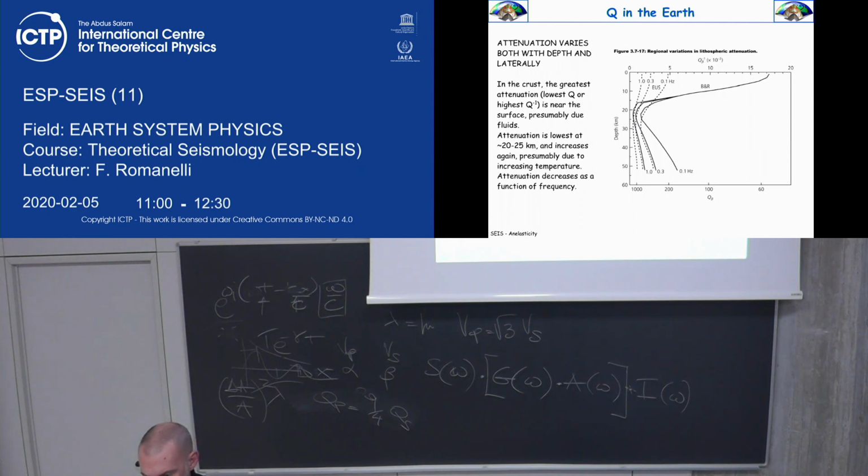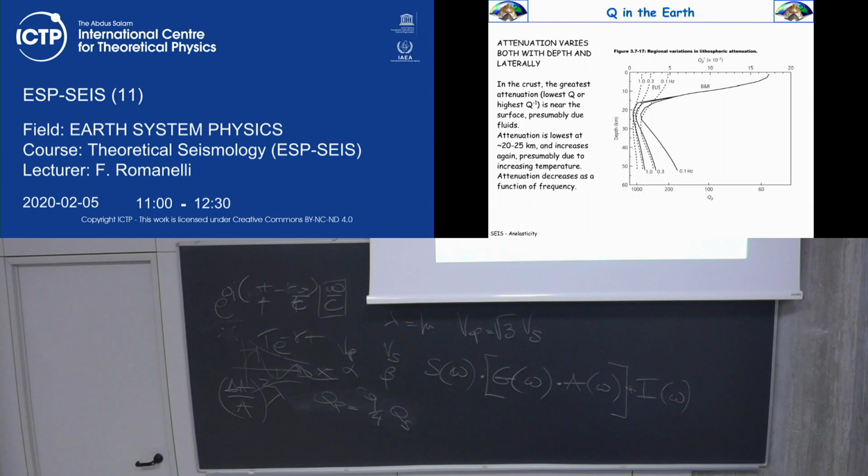Let's look at real data. Let's start an inversion. That's not easy. But with this piece of theory, you can predict the values of Q, not only the integral ones, but also for different materials. And you can look for variations of Q in depth and on the lateral scale, and you can do some tomography. So it's an important tool. Q is a proxy, remember, for viscosity. That's important. It's one of the few parameters that can be related on short times to viscosity. Otherwise, you have to wait for thousands of years.